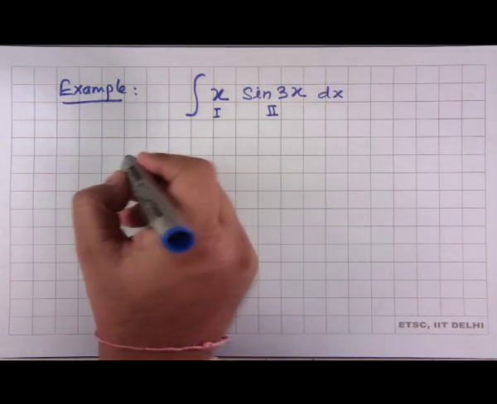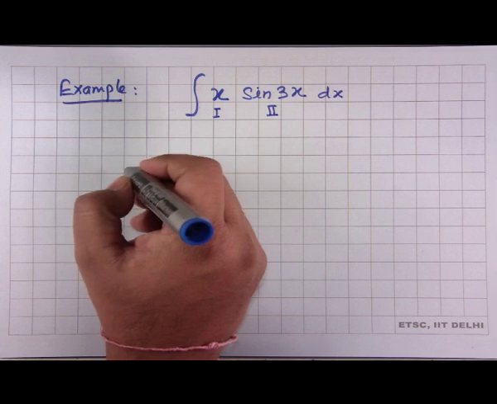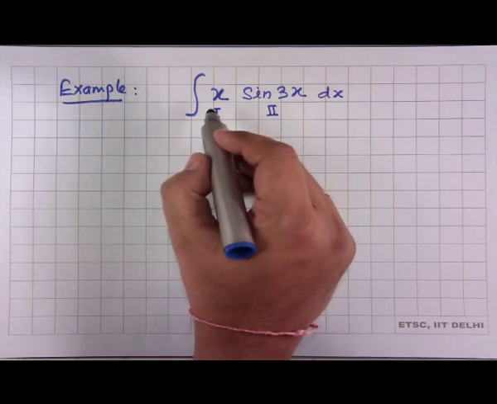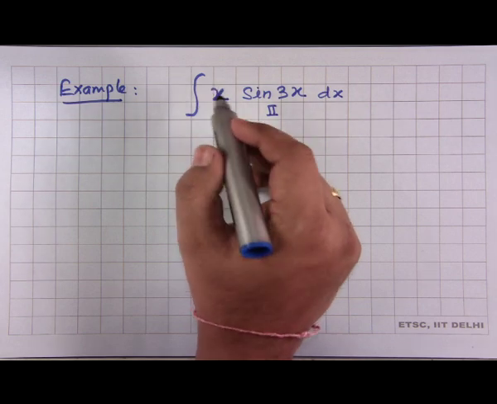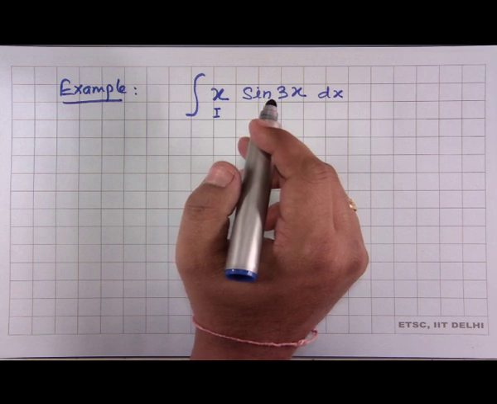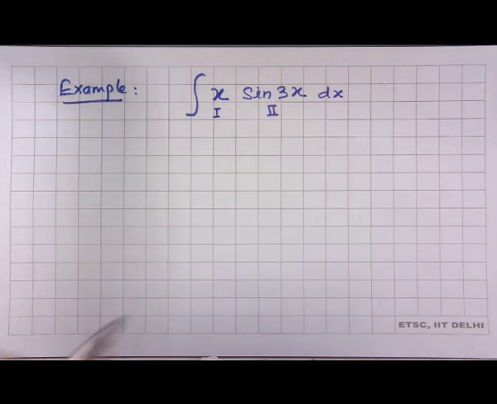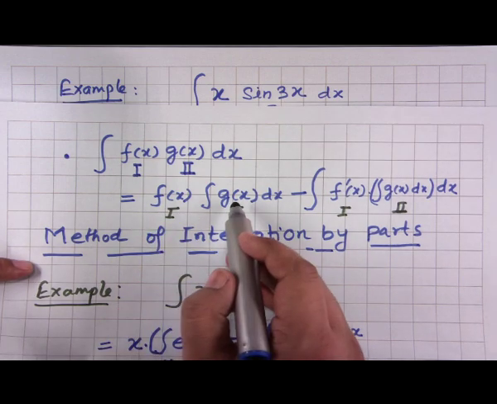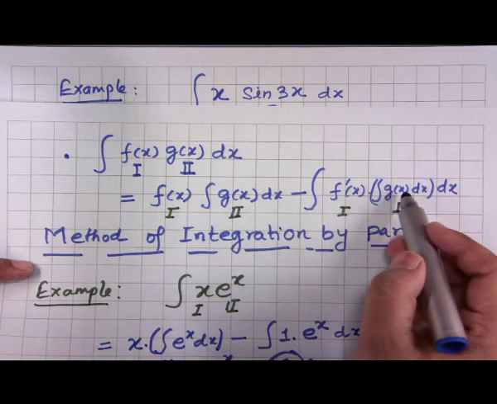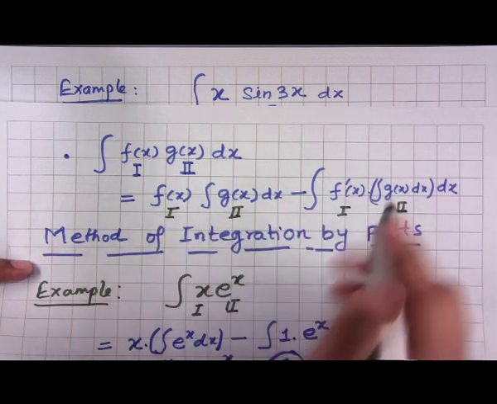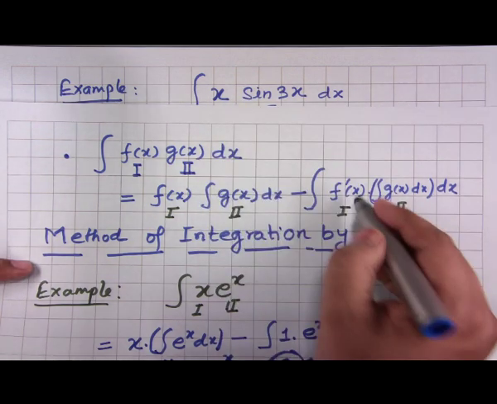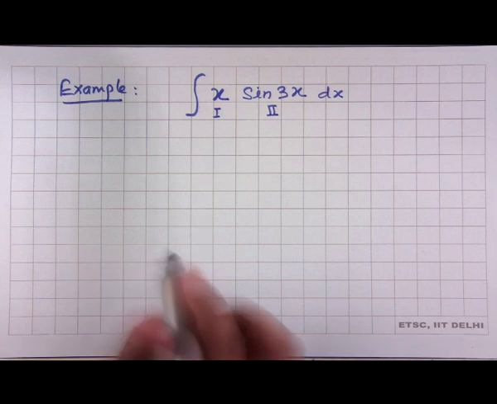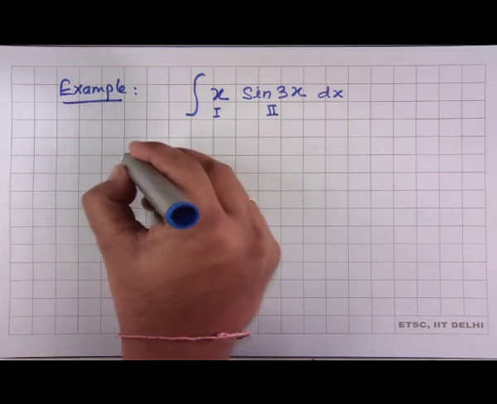We will see that in a moment, that there should be a proper choice made for first and second function. Many times we choose as first function the one which helps us in reducing terms in the integral, since the formula goes like first function integration of the second minus differentiation of the first integration of the second. So, we have to keep a couple of things in mind. Here in this case, if I take x as first function, then the derivative vanishes. That is the thing I am keeping in mind, but there are few other things also which we should keep in mind. So, let us first solve this example.